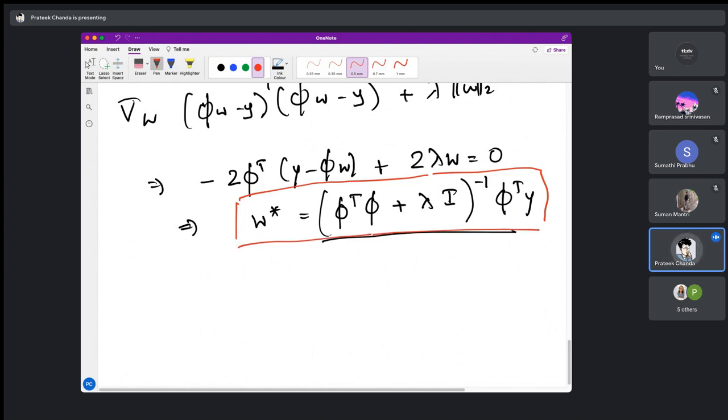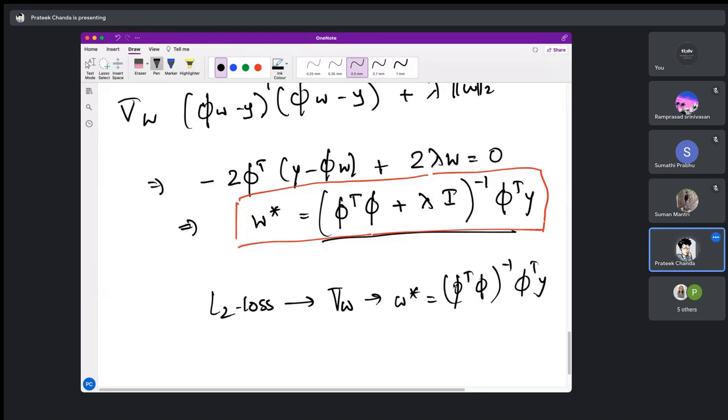This is what I'm getting for ridge regression. Now, if you remember correctly, when we didn't have this regularization term, we just had the L2 loss and we took a derivative of it. In that case, our W star had this expression: phi transpose phi inverse and phi transpose y.